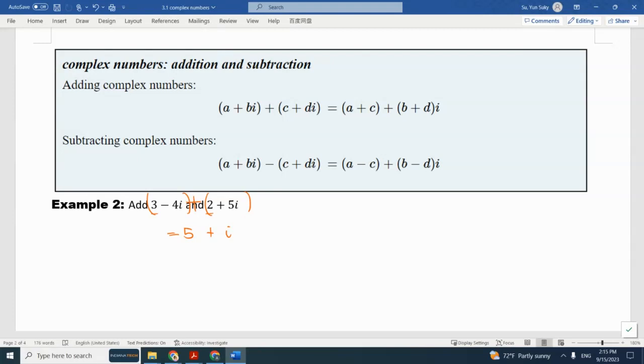Okay. How about let's do subtraction? If you do 3 minus 4i, subtract 2 plus 5i, what do you get? Okay, so the first parentheses, we can actually ignore it, right? The second parentheses, what do we do? Distribute, then you get? Yes.